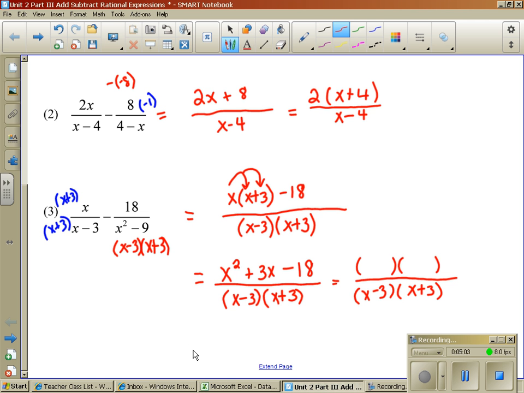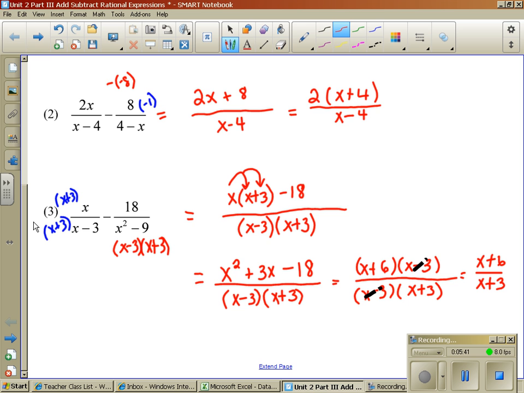So 6 and 3. So we need one positive and one negative. We need this middle term to be positive, so the 6 has to be bigger. And then we can continue canceling. So we get x plus 6 over x plus 3.